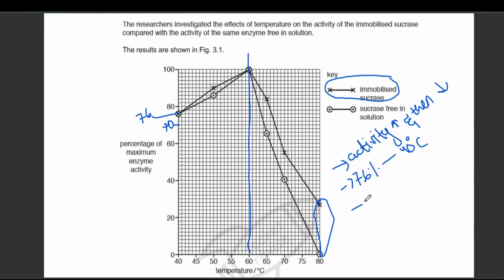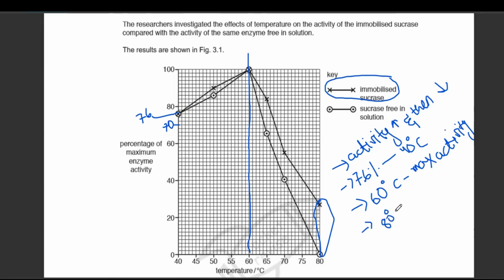Then you can write at 60 degrees Celsius, both of them showed maximum enzyme activity. And the point that Usman gave, that at 80 degrees Celsius it got denatured and became inactive. So this gives you 4 on 4.